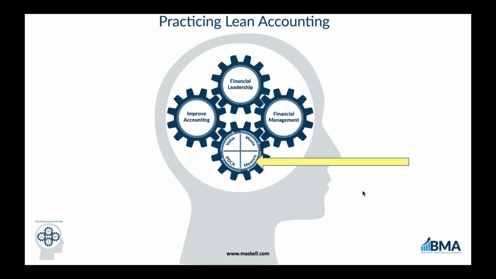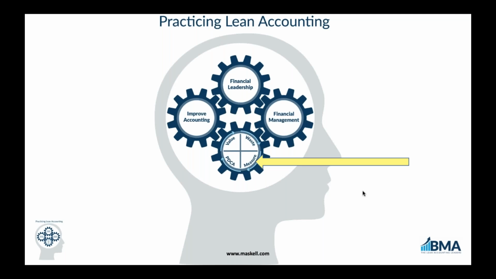Those foundational practices are then employed to both improve accounting and develop lean financial management practices in your companies. The sustaining practice is lean financial leadership. We're finishing up the foundational practices today about measurements, and future webinars will focus more on improving accounting, lean financial management, and lean financial leadership.